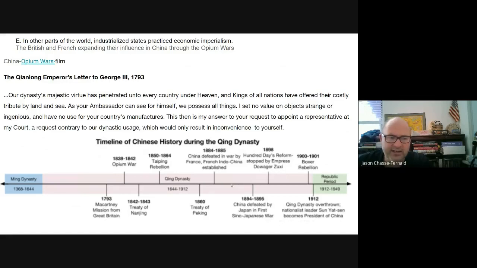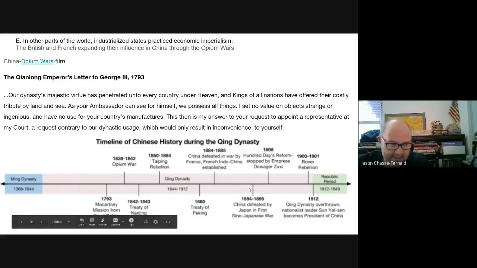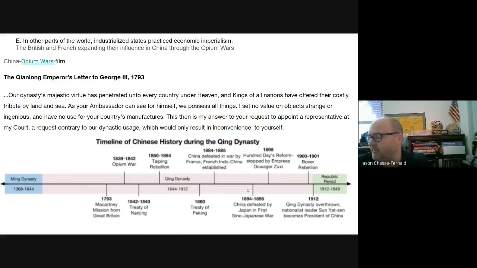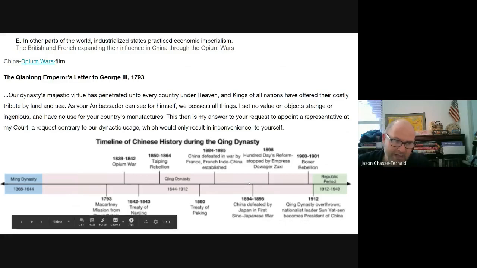She will kind of usher in China through this self-strengthening time period where China will try to industrialize and modernize, all the while being carved up into different spheres of influence by multiple European or Western powers. And then eventually they're going to lose in the Sino-Japanese War, and there's going to be another sphere of influence that gets established by the Japanese.